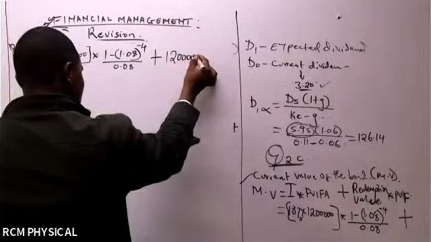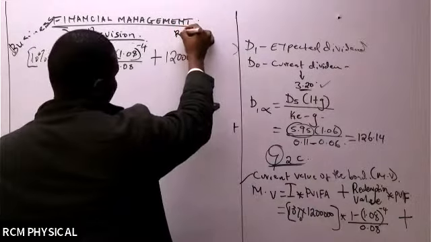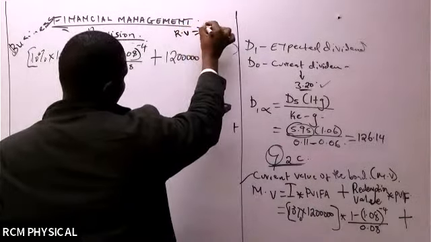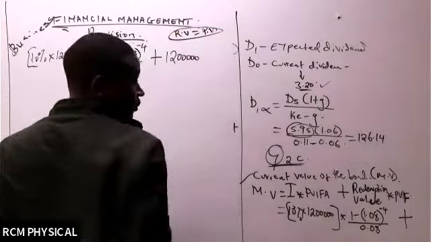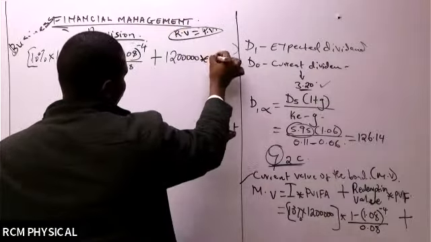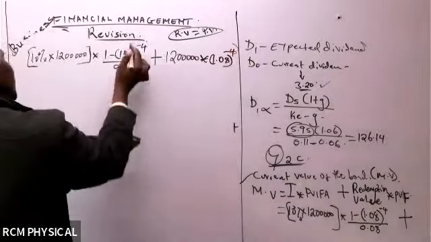The redemption value is the same as the par value, right? Don't ever forget that. Redemption value and par value are the same. And you multiply by 1.08 to the -4.